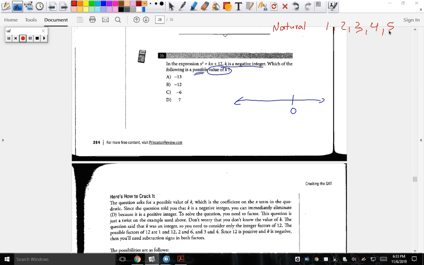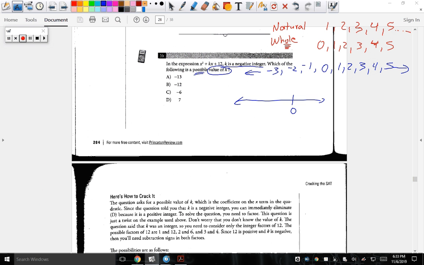Because if I told you to just start counting, you would naturally count from 1. Whole numbers, zeros included. And if I were to keep going with the negatives, so I have now -1, -2, and so on and so forth, this way, all of these are now integers.